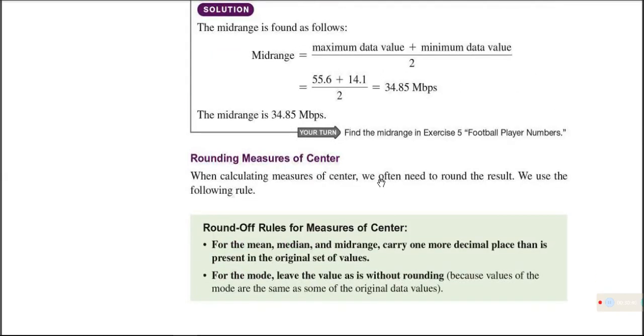Now, rounding measures of center. When rounding measures of center, we often need to round the results. So, ang tatandaan nyo dito, kapag ang iyong center ay mean, median, at mid-range, carry one more decimal place than is present in the original set of values. Halimbawa, ang set of values mo ay rounded off to the nearest tens lang.